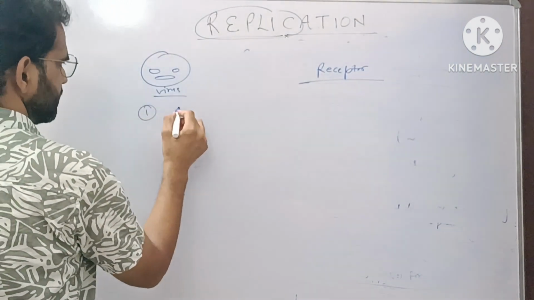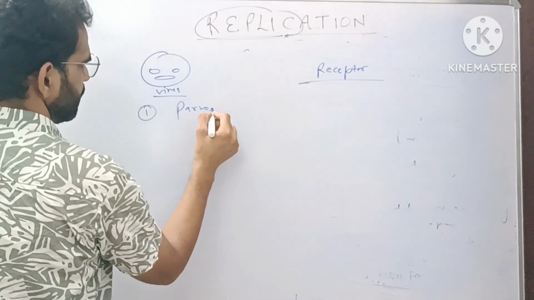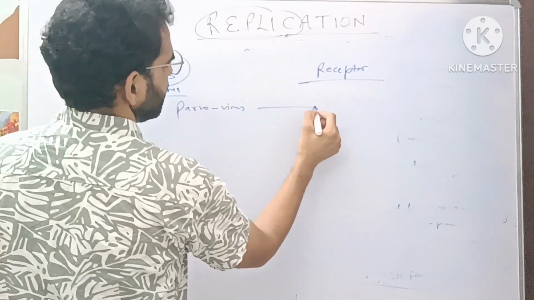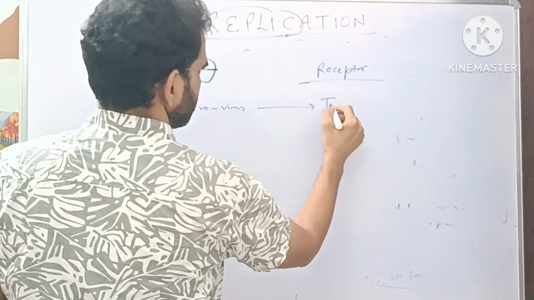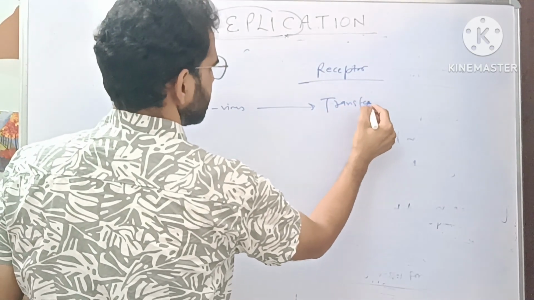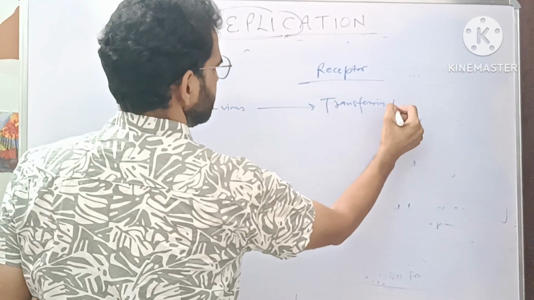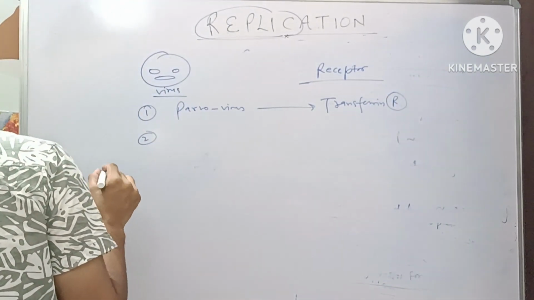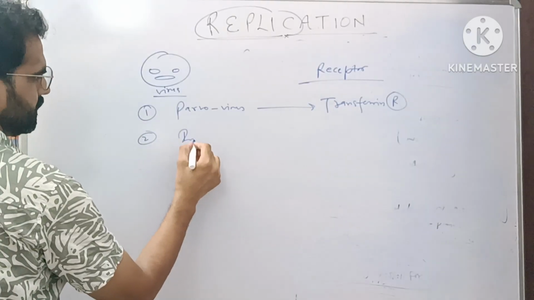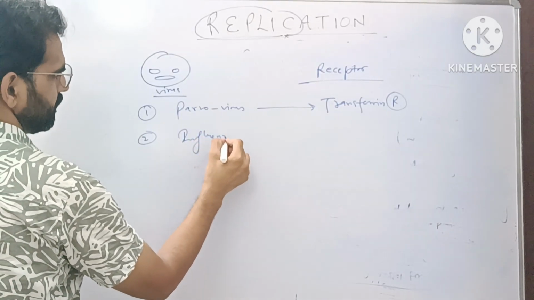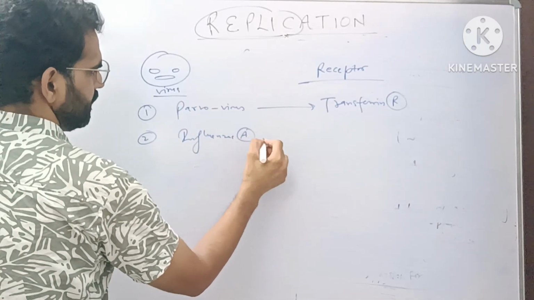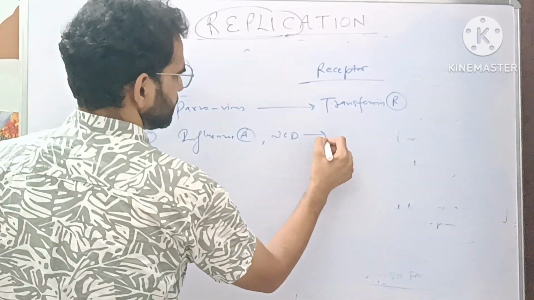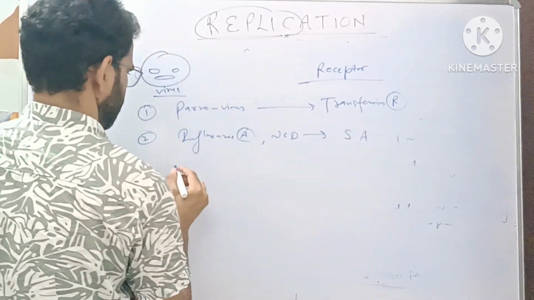So number one is the parvovirus, and the receptor is known as the transferrin receptor. Then influenza type A and Newcastle disease, that is sialic acid.